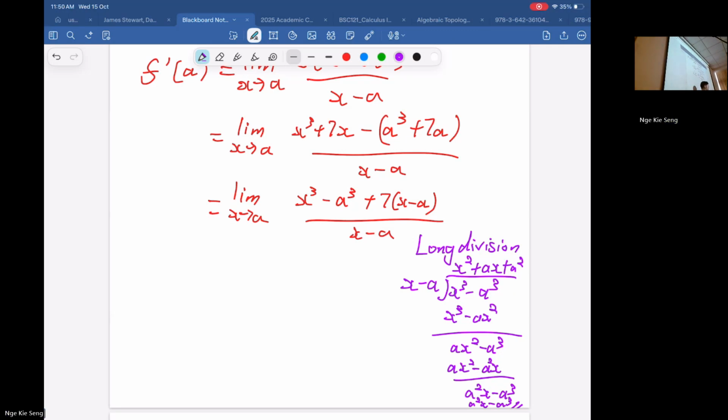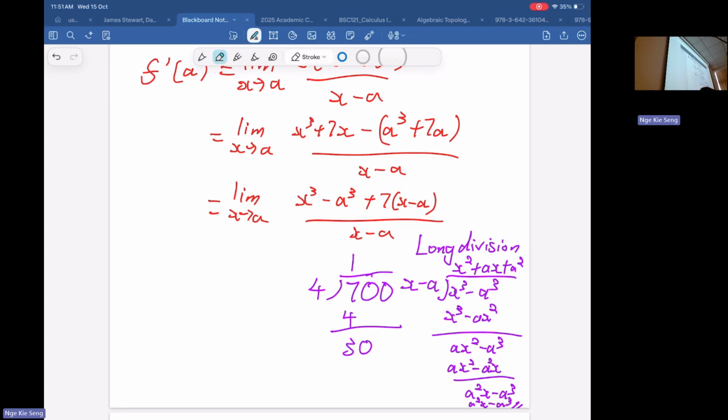You also divide numbers like this, right? Maybe I divide like this, a bit bigger. 4, 1, 4, and then take away 30, right? Like that. Sorry, I'm stupid.